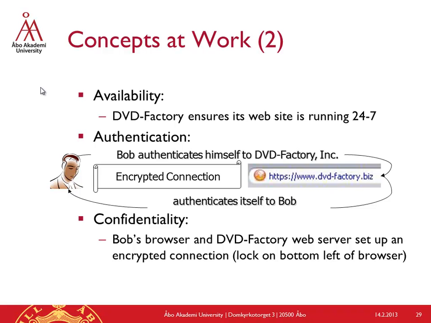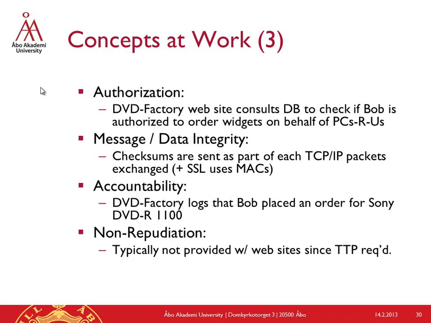So we also have to authenticate it using, for example, HTTPS or Secure Sockets Layer, SSL. Confidentiality also has to be kept here by using an encrypted connection with HTTPS as well, so no one will see the interaction between Bob and DVD Factory.